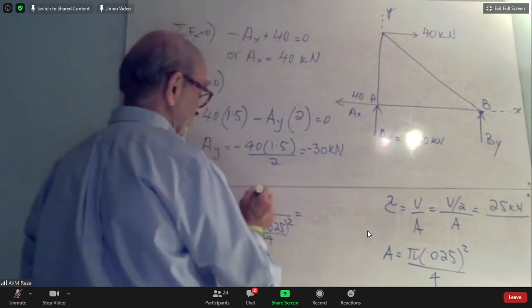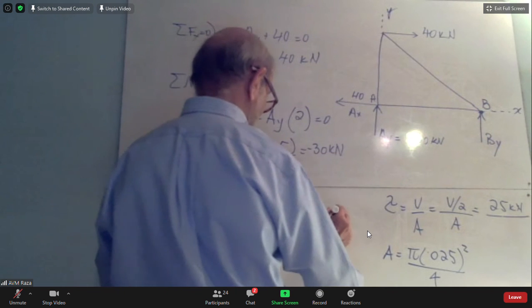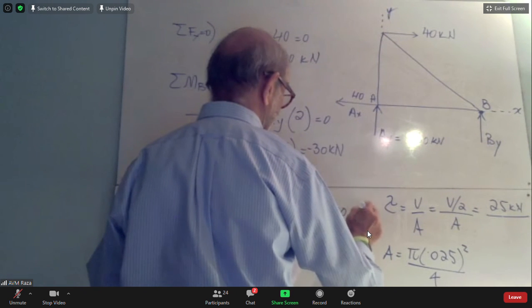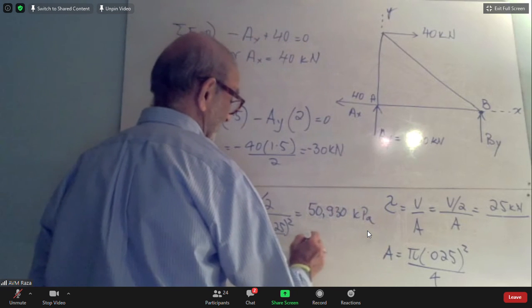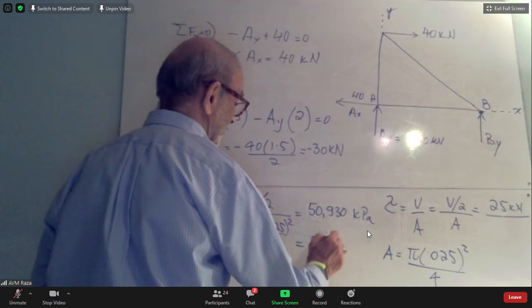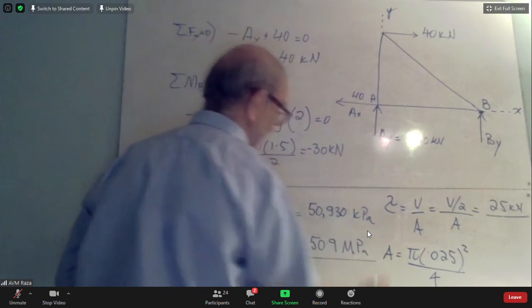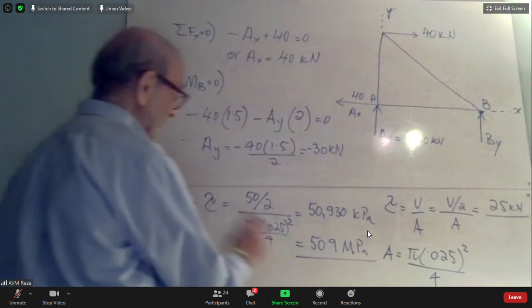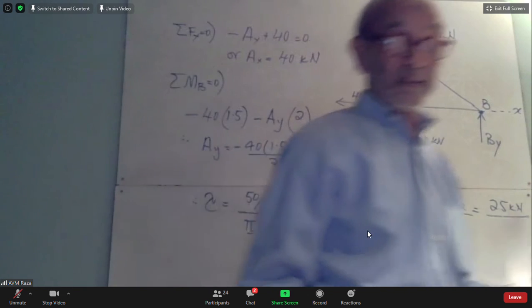So this is kilonewtons also, remember. So it came out to 50,930 kilopascal. And we can also write it in terms of megapascal, it will be 50.9 megapascals. That's the final answer. That's the shearing stress faced by that pin, 50 megapascals.